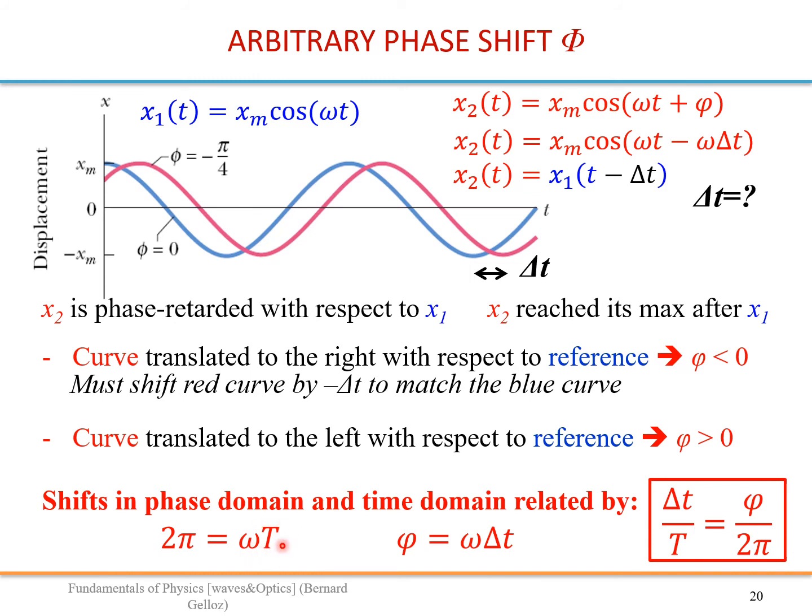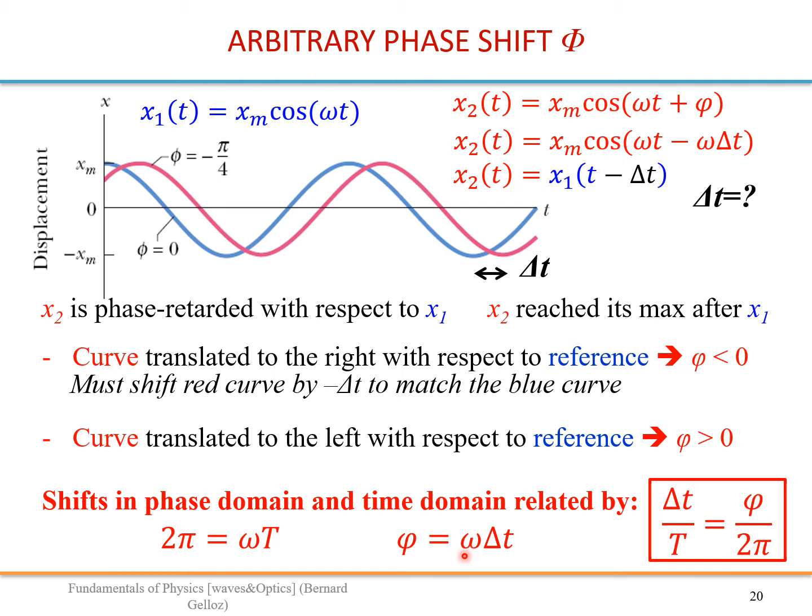T is a full period in the time domain. And this is just a partial, so when you have just a delta t here instead of a full cycle, so it's a portion of a cycle, you will have only a small change of phase compared to a full cycle here.